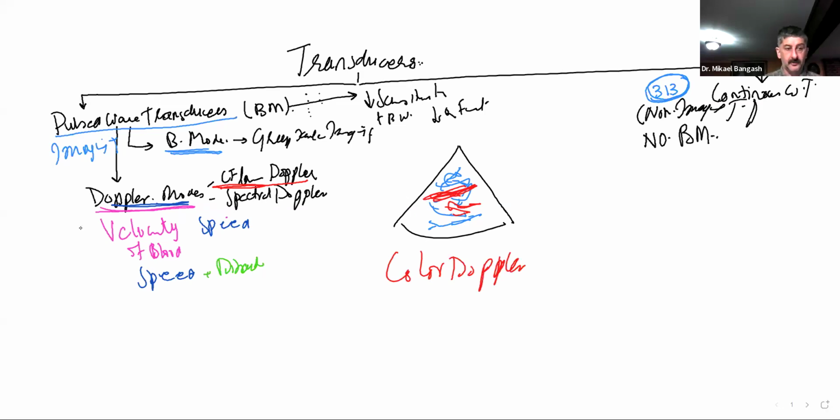It is a regular B mode image in which there is color. So in this case, the B mode image has more than just gray, black and white shades, which is color.